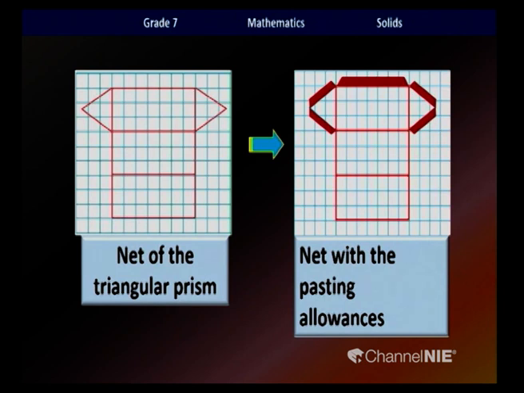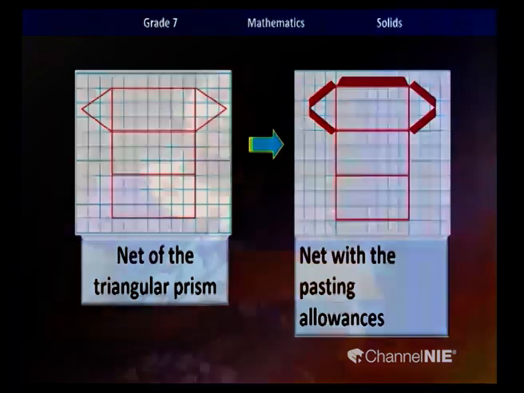Therefore, I have mentioned the net with the pasting allowances. But when we ask you to draw the net of a triangular prism, you should not mention the pasting allowances.